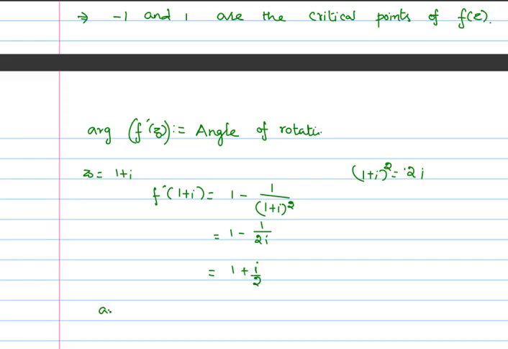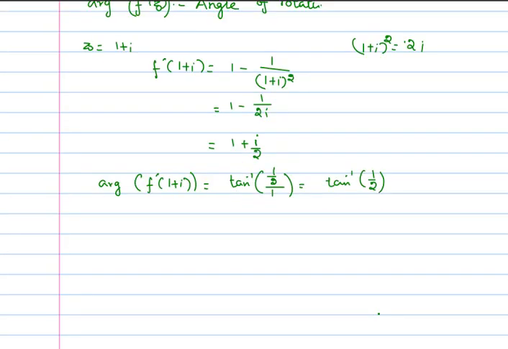So the argument of f prime of 1 plus i is tan inverse of (1 by 2) divided by 1, so this is tan inverse of 1 divided by 2. It is in the first quadrant, so we can directly write it; otherwise we would have to add the pi value. Since it is the first quadrant only, it is tan inverse of 1 by 2.